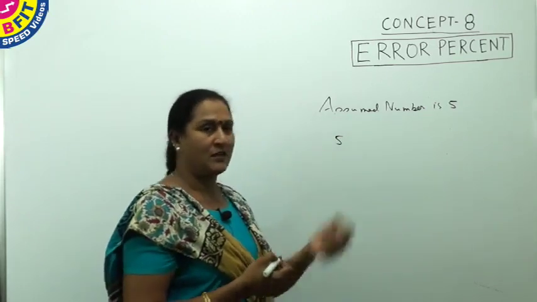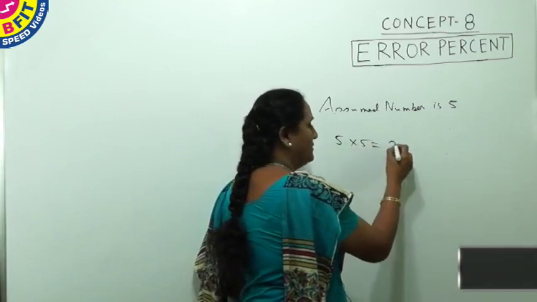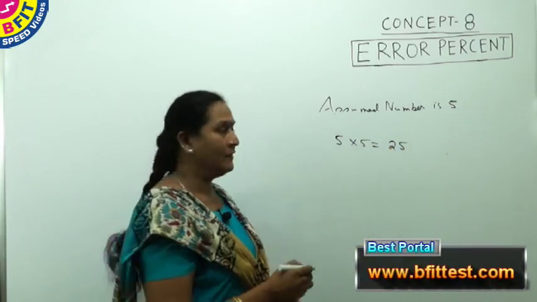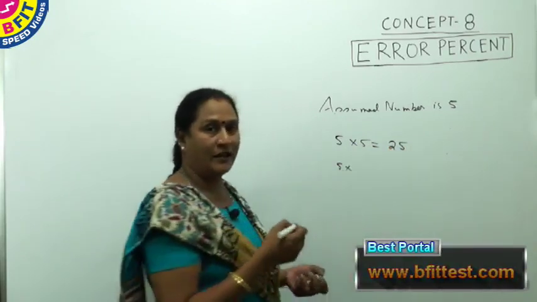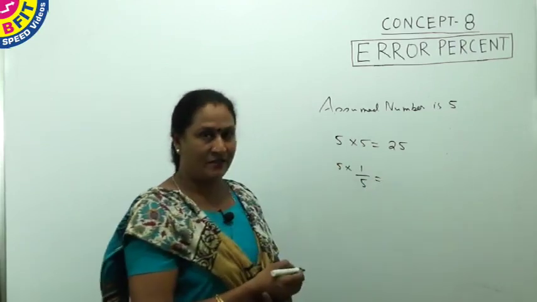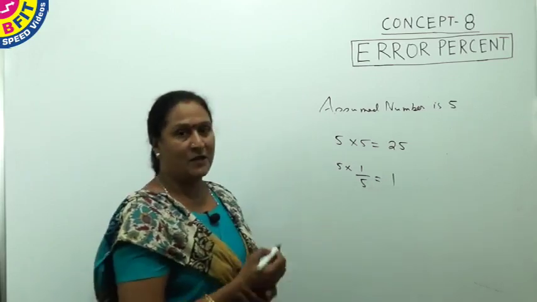We have assumed the number is 5. Multiplying it with 5, the answer is 25. But what the boy had done, he had divided the number with 5, or he had multiplied it with 1 by 5. Now what is the answer he is getting? It is 1. Now what is the error percentage?